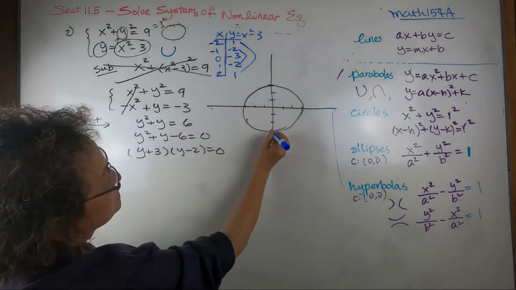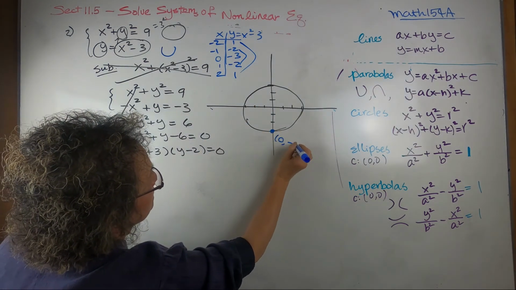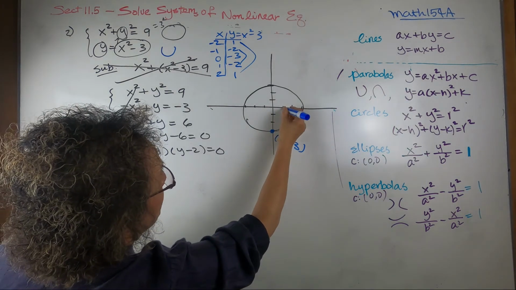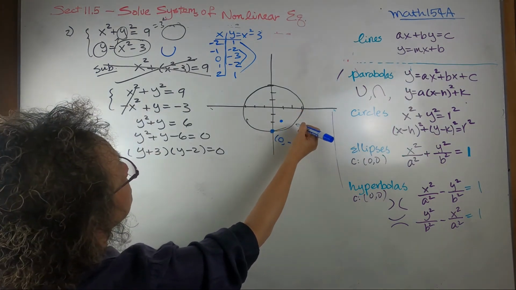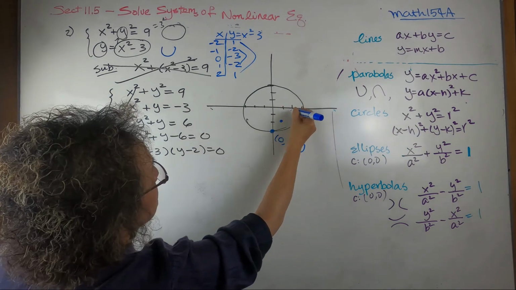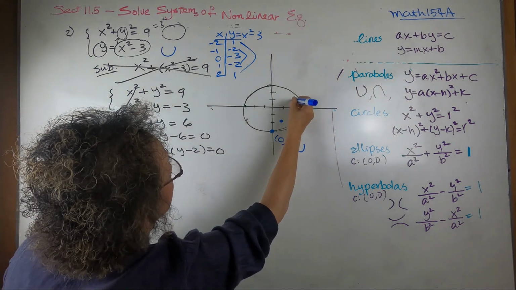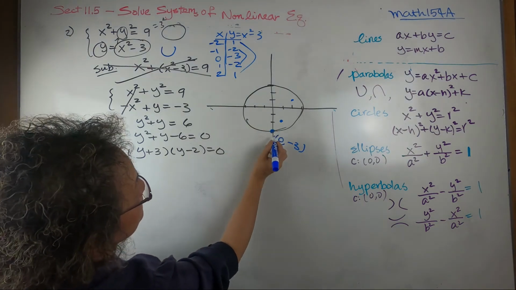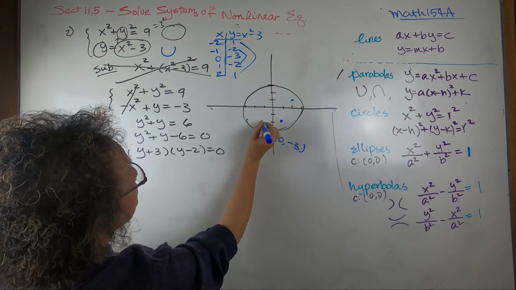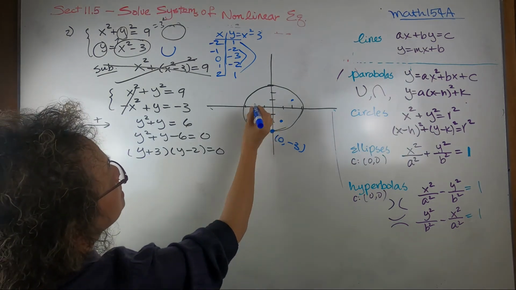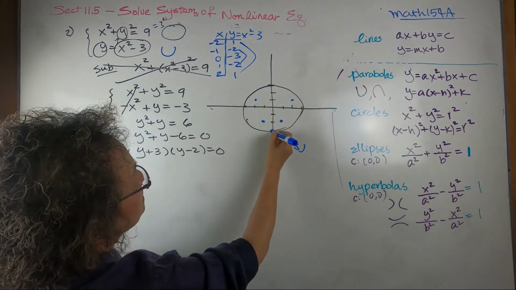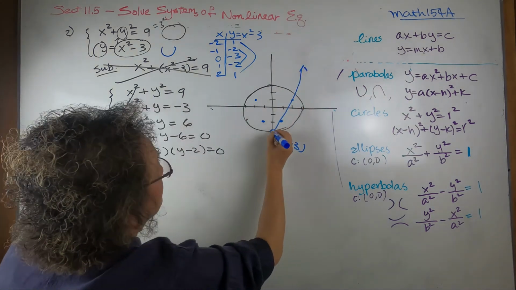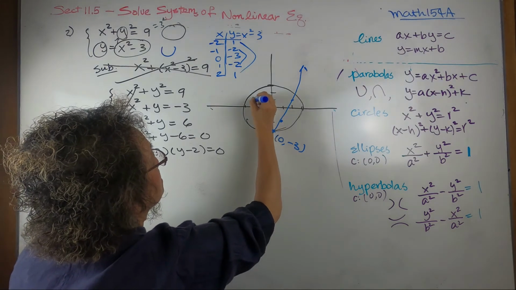So we have 0, negative 3 right there. Right? We have 1, negative 2, 2, and 1 right here, right? So then we have here negative 1, negative 2, negative 2 is 1. So your parabola curve will look this way.